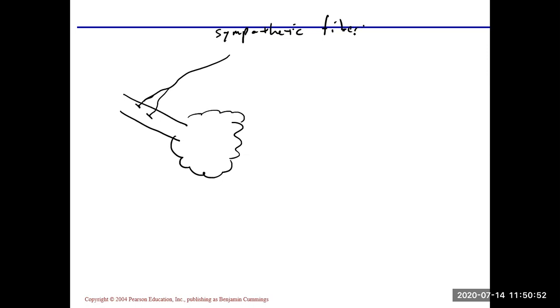We discussed this, they release epinephrine, and as a result of that, the bronchiole dilate, and now there is supposed to be more air going in and out, especially when you're exercising, or when you see a bear, for example, your sympathetic fibers kick in, the wild animal is about to come in, and so on.